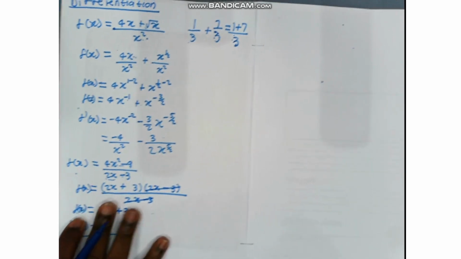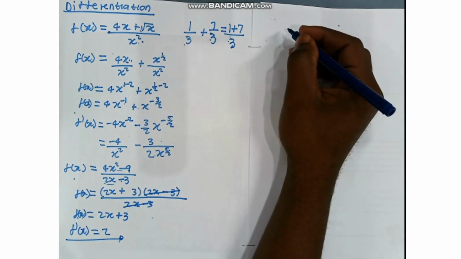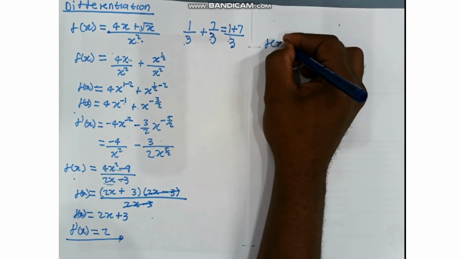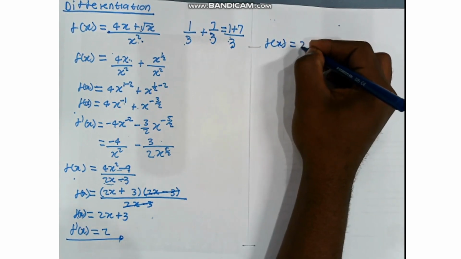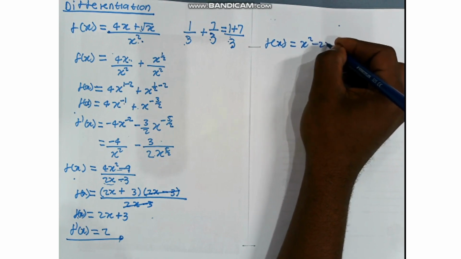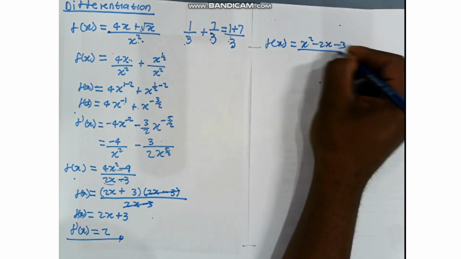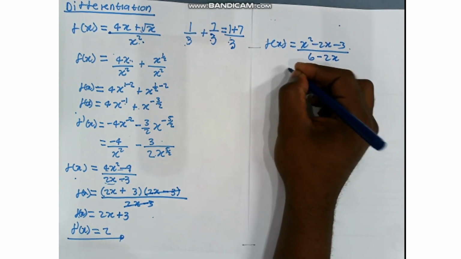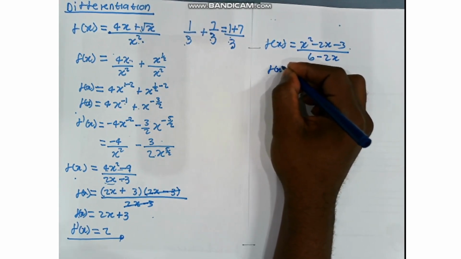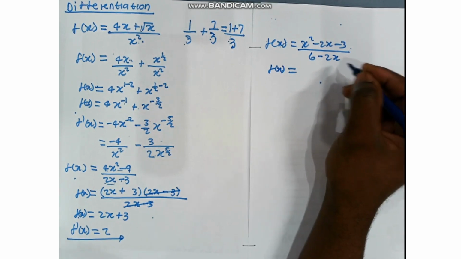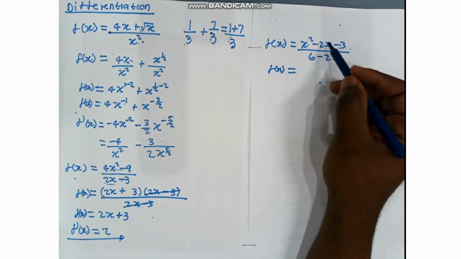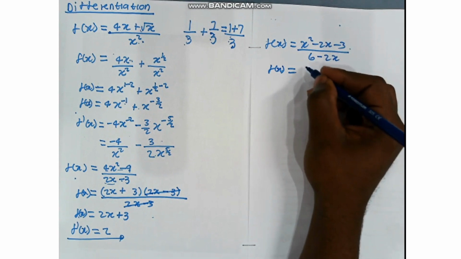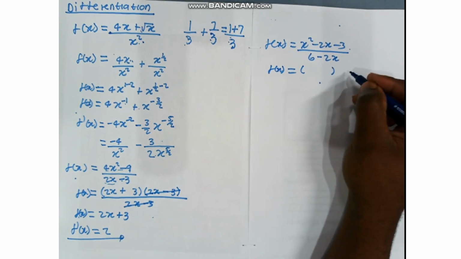Just going to squeeze in the last one, which I think is also very important. f at x is x squared minus 2x minus 3 over 6 minus 2x. Also here, what we need to do is apply our factorization, which is our trinomial here. We need to factorize. I hope you still know how to factorize.